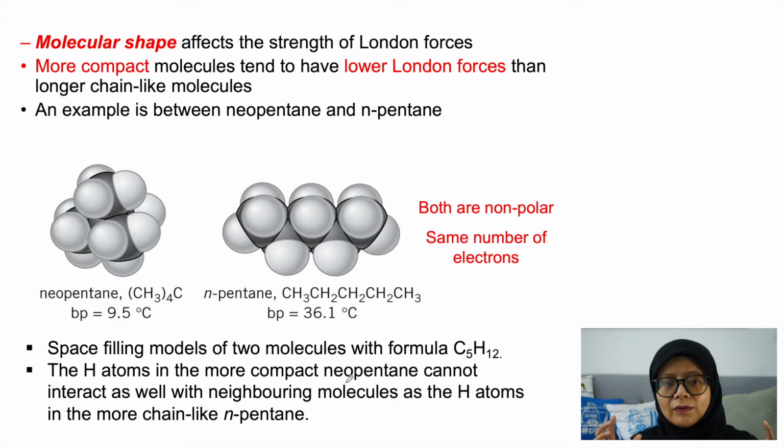The structure of neopentane itself is compact, compared to n-pentane, which is a longer chain. If you have a longer chain, you have more surface area, and with more surface area, more interaction will occur.